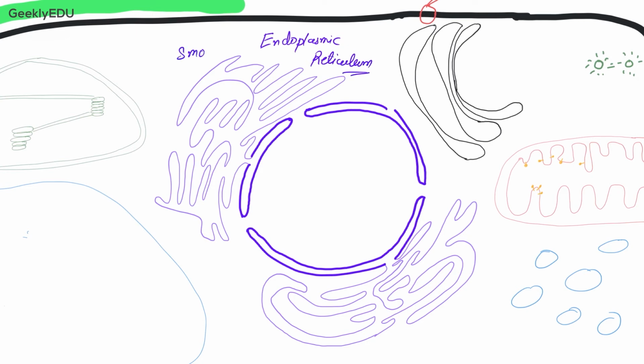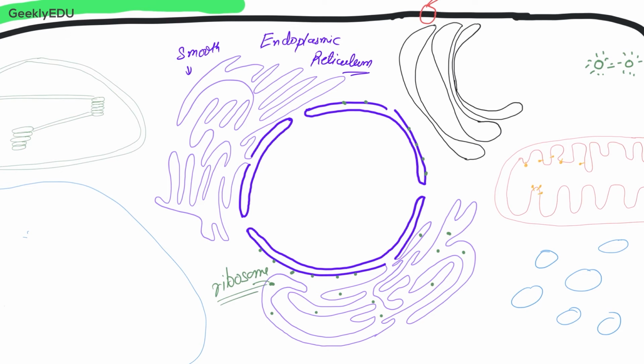Smooth, as you can see that these ER are very smooth, but some other types of ERs are not very smooth. Why? Because on their surface they have these dotted structures. What are these dotted structures, which are also found on the nuclear membrane surface? These dotted structures are your ribosomes. And what's the function of ribosome? We just studied, that is protein factories.